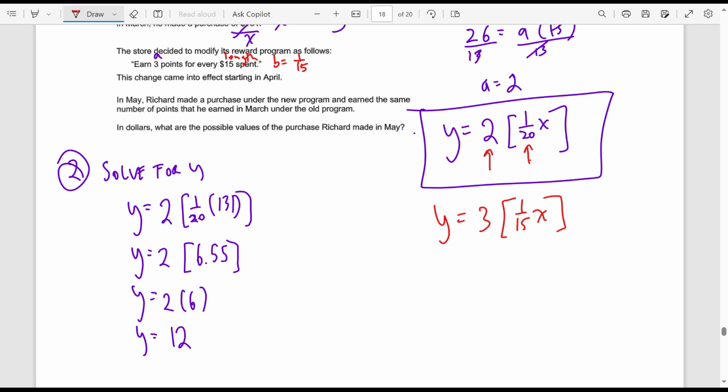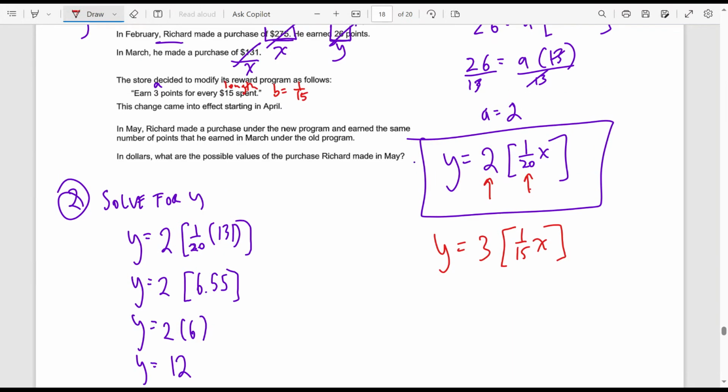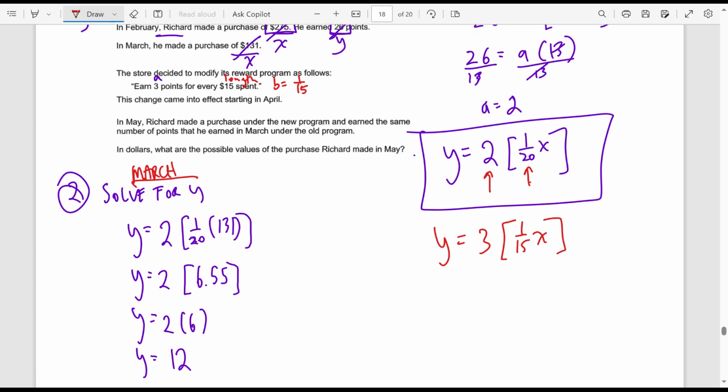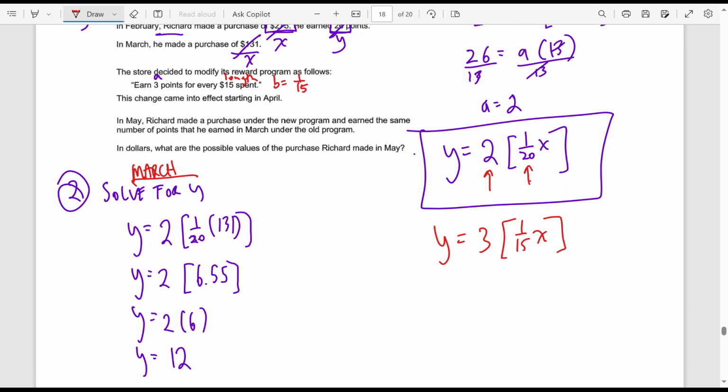In May, however, Richard made a purchase under the new program and earned the same number of points that he earned in March. So this was what we just found for what he earned in March. He got 12 points for that purchase of $131. So now what we've got to do is go in dollars, what are the possible values of the purchase Richard made in May?